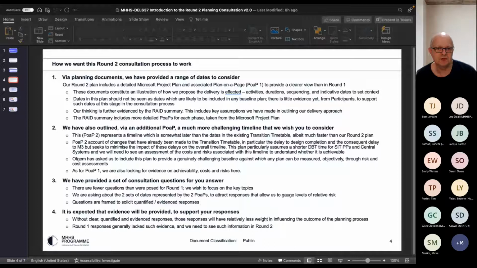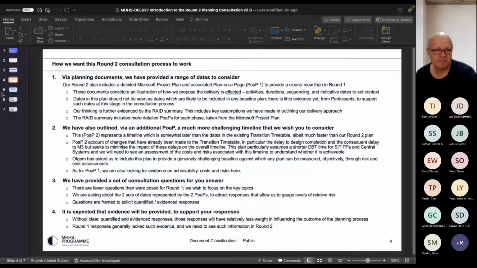So we have provided fewer questions, as we promised we would do in a shorter timeline, but we have asked for quite significant answers, if you like. And again, that's just the thrust of the way we do things, trying to maintain the integrity of building a plan with you, and trying to get some consensus around what industry thinks is achievable.